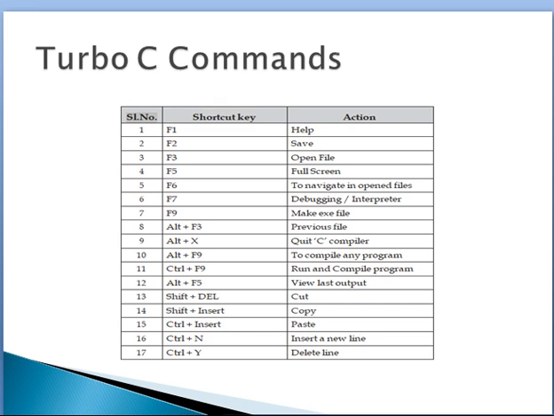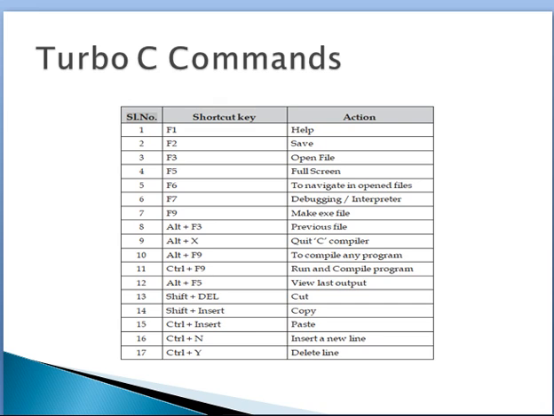This shortcut key is used to open an existing file. F5. To display the editor in full screen, we use the F5 shortcut key. F6 is used to navigate in opened files.